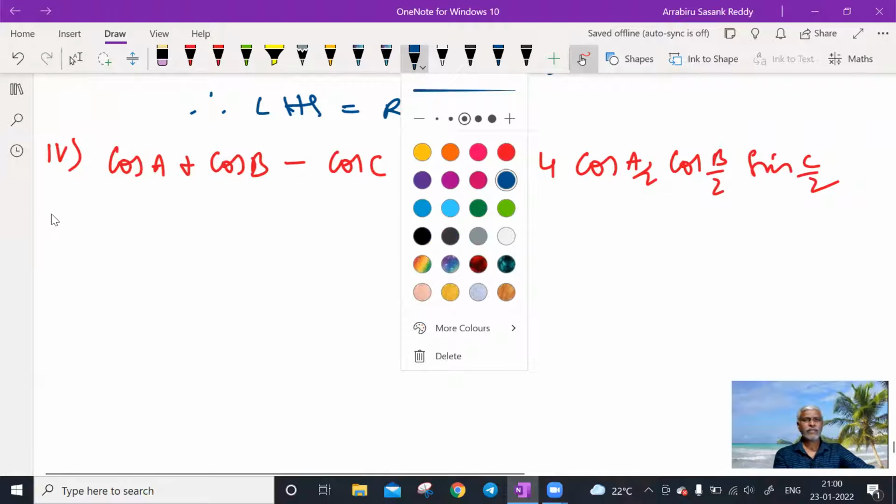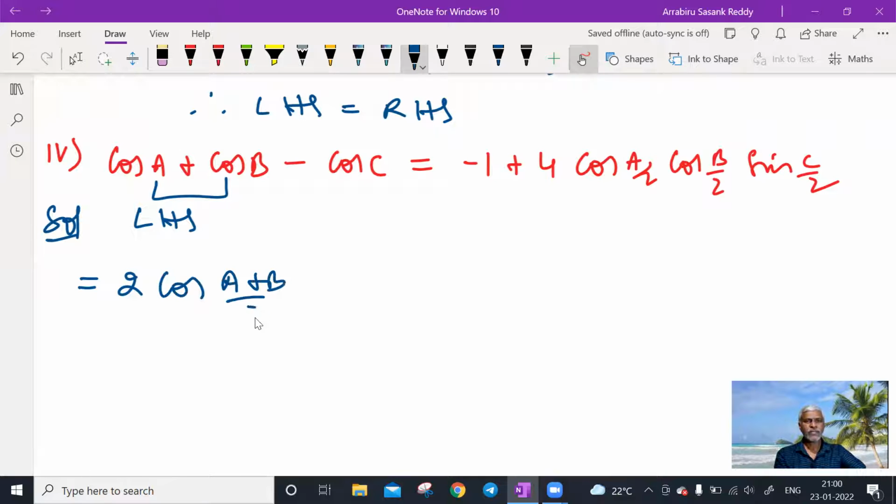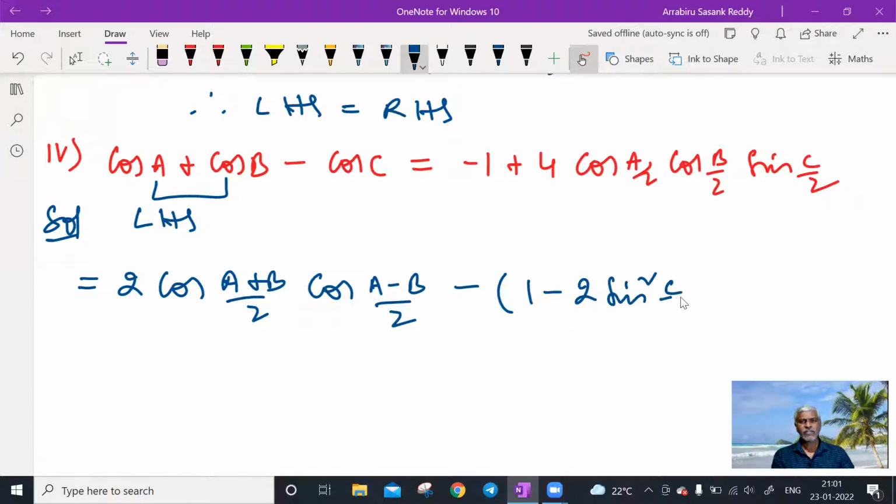Now let us take up the LHS. Take the cos c plus cos d formula: here a and b are there, so 2 cos a plus b by 2 cos a minus b by 2. Convert cos c as 1 minus 2 sin square c by 2.